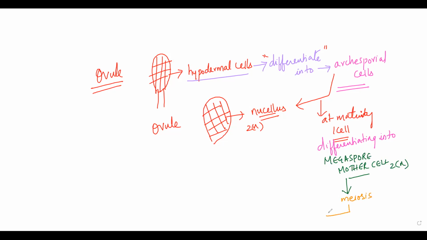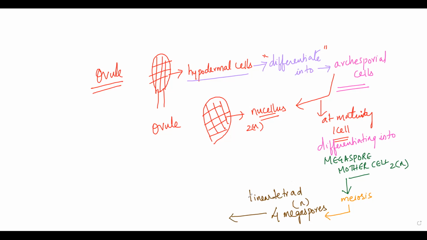Because of the meiosis process, it is going to form four haploid megaspores. The nuclei are now called megaspores, and these are haploid in nature. These can also be called a tetrad. They are arranged one above the other, so we call it a linear tetrad.